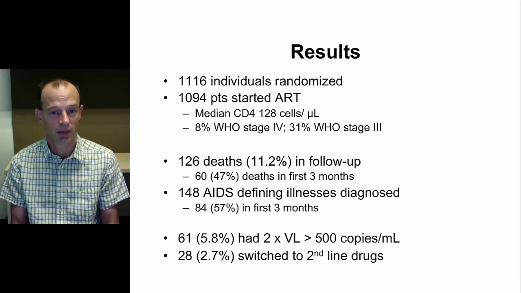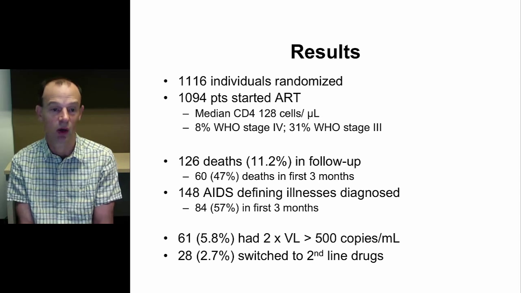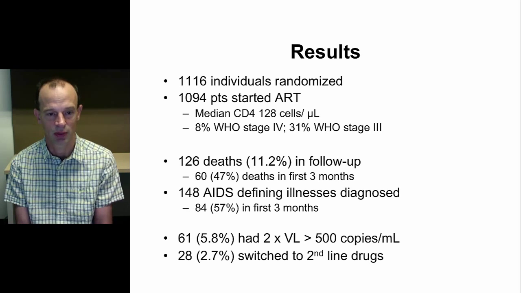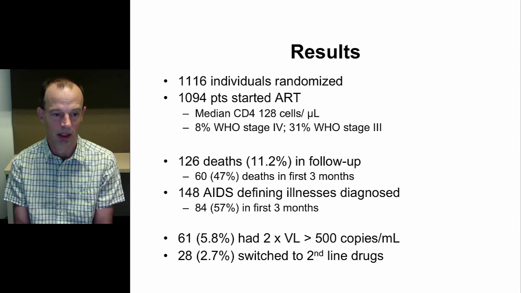So we ended up randomizing over 1,100 individuals, of whom just under 1,100 started ART. The median CD4 cell count was 128 cells per microliter, which is quite low, indicating this was a population with fairly advanced HIV disease. In follow-up, there were 126 deaths, or 11.2% of study subjects, and most of these, nearly 50%, were in the first 3 months.